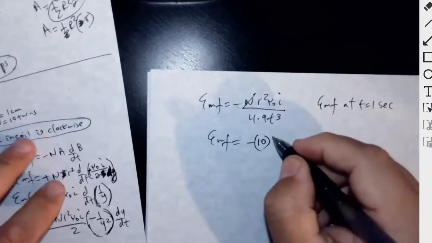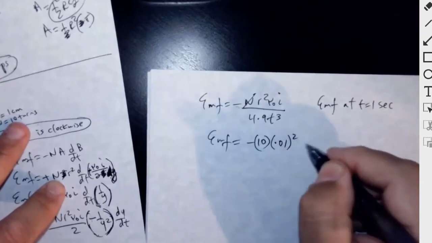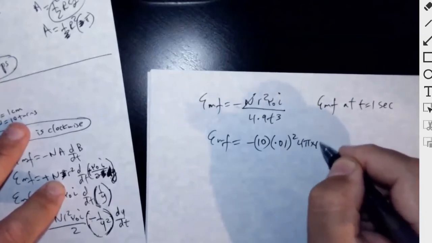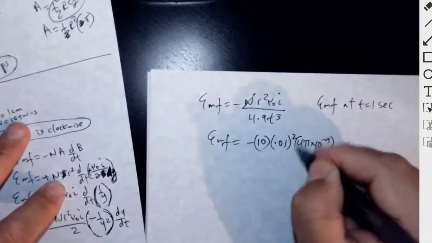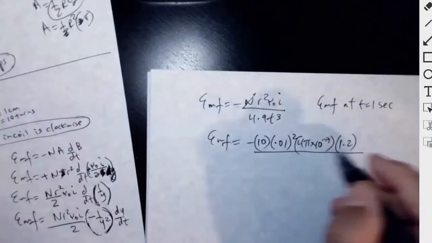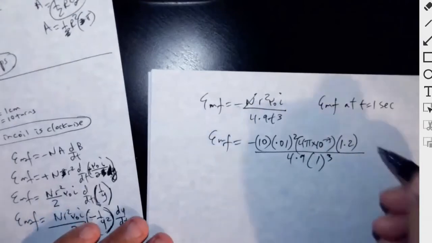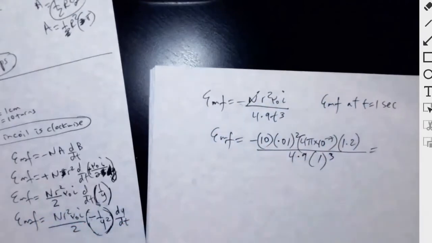The radius was 1 centimeter. mu 0 is 4 pi times 10 to the minus 7. The current is 1.2 amps over 4.9 times 1 cubed. Okay, it's not going to be that big.